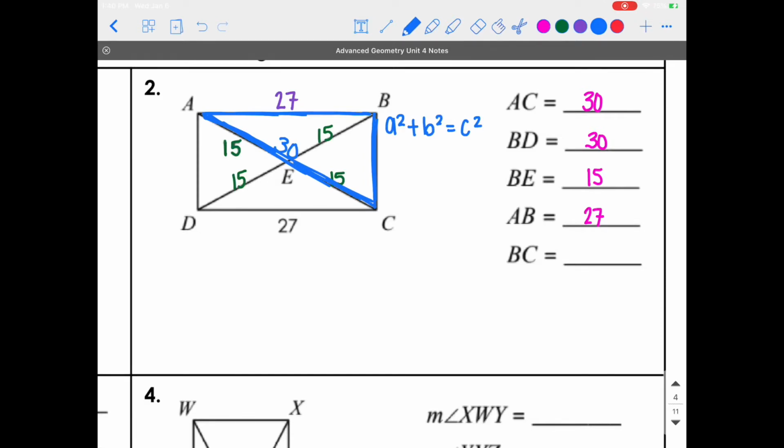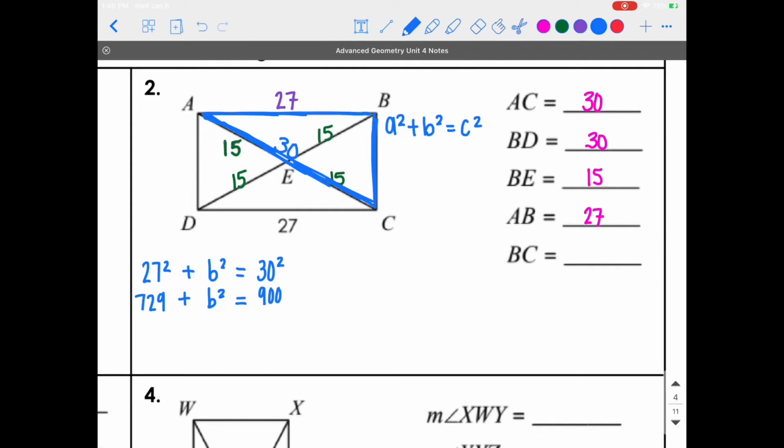So I'm going to say that 27 squared plus B squared equals 30 squared. 27 squared is 729. And 30 squared is 900.